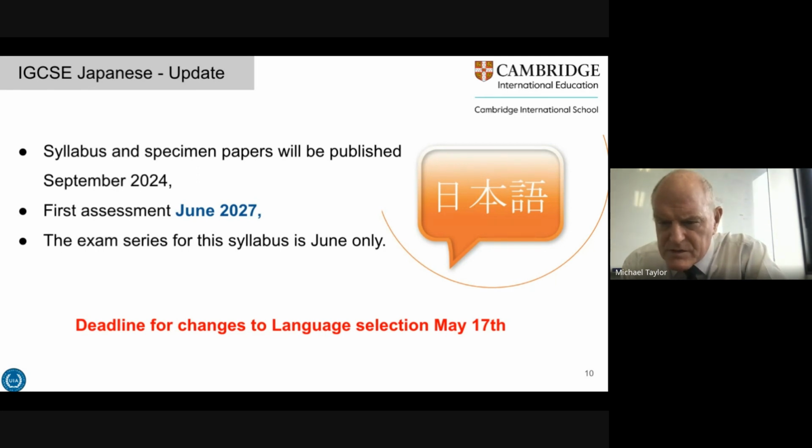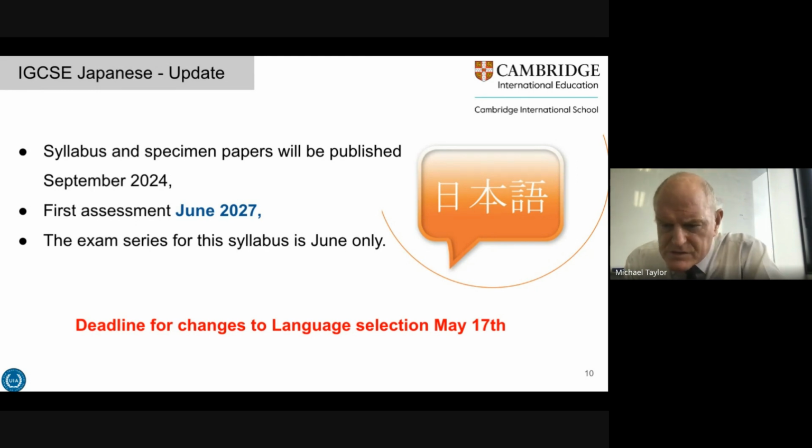Taking Kokugo lessons, but can kids take the exam of Japanese as a foreign language? Yes, they can in 2027. So yes, students that are studying Kokugo, if they're in grade 9 and 10 in 2027, would be able to study Japanese as a foreign language.